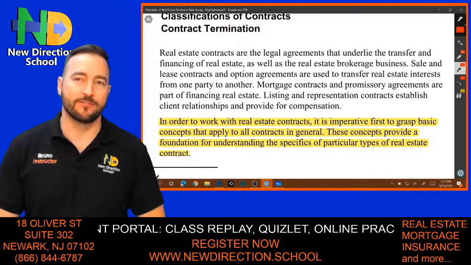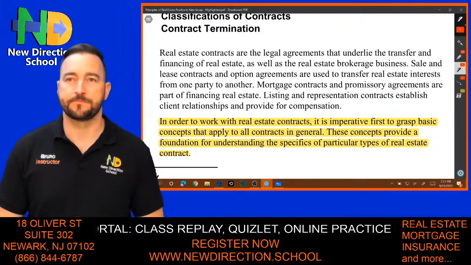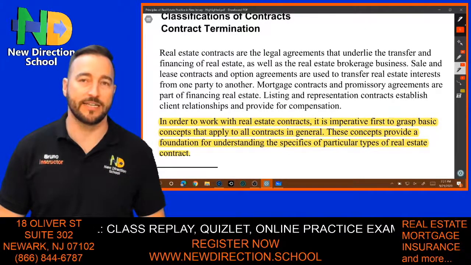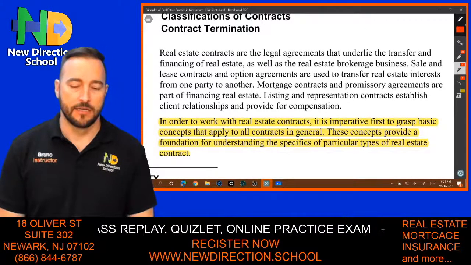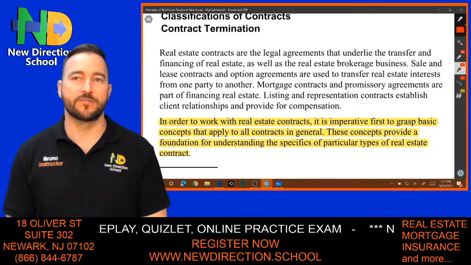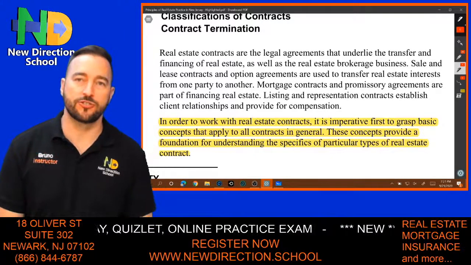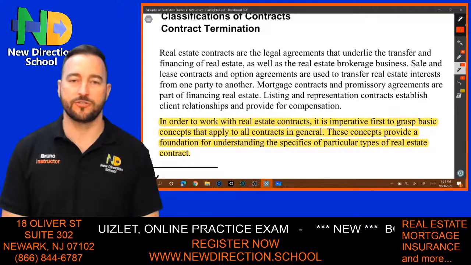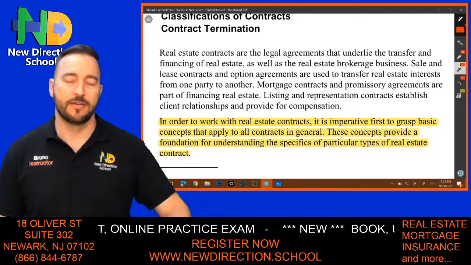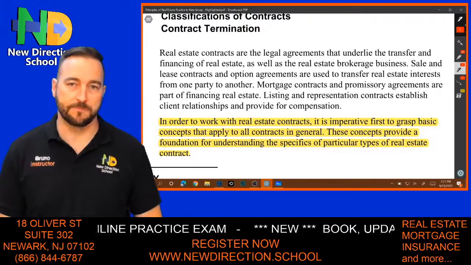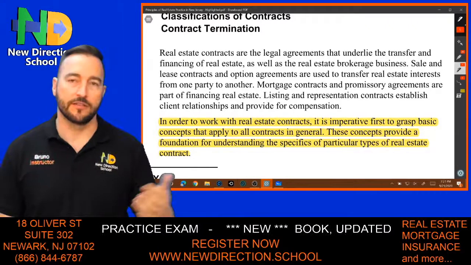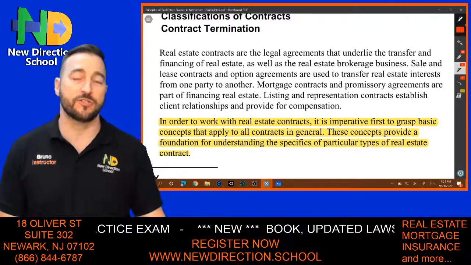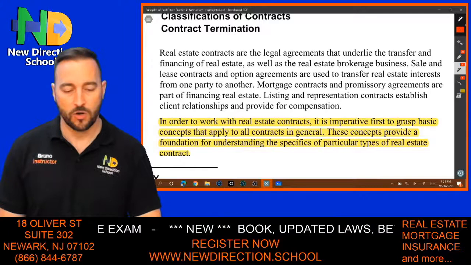And mortgage contracts and promissory notes agreements are part of financing real estate. Now, listing and representation contracts establish client relationship and provide compensation. So there's different documents in a real estate transaction. Again, there's a financing, there's a purchase, and then there's a representation of a client. So all independent documents.